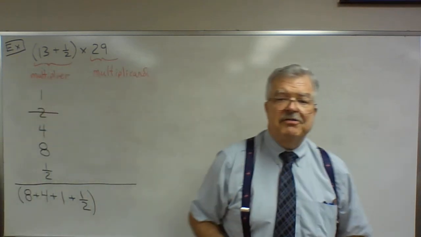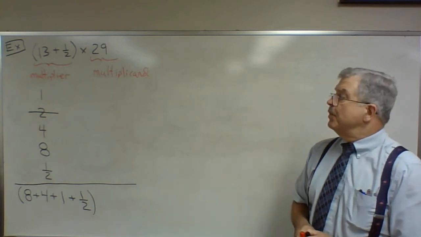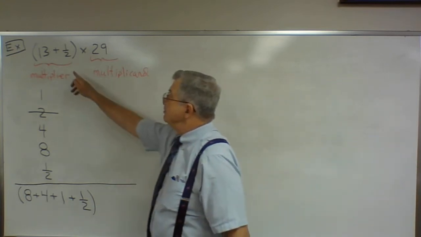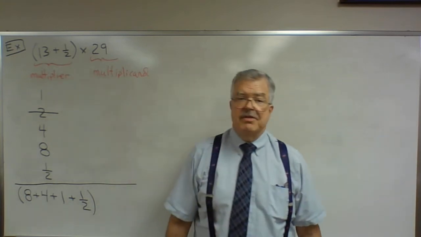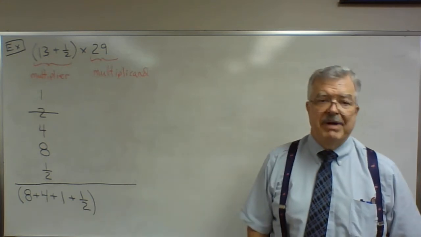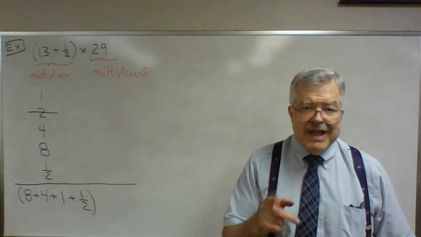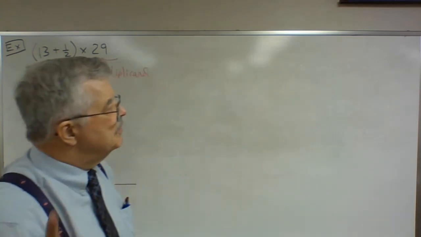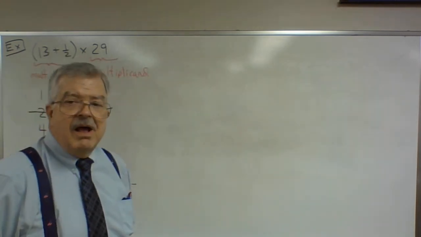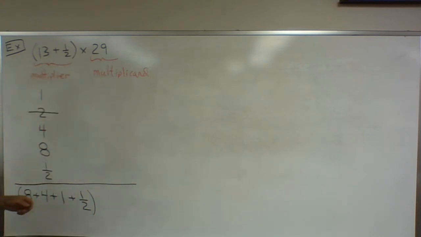Let's give ourselves a pat on the back. We've decomposed our multiplier into the sum of distinct powers of 2. Now, the second thing that we have to do here, we have to compute the product of each of these powers of 2 with the multiplicand.